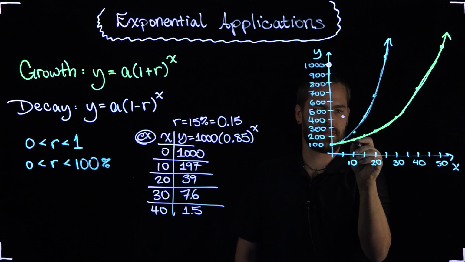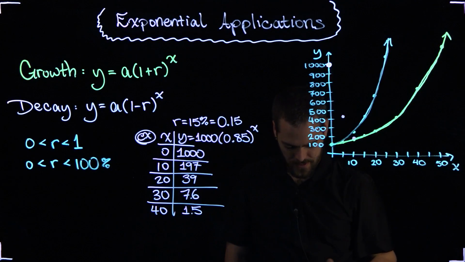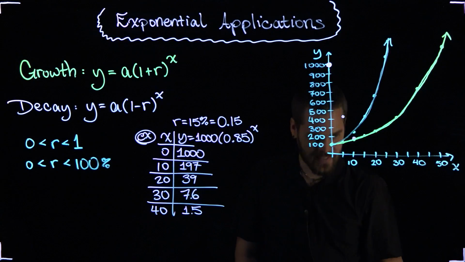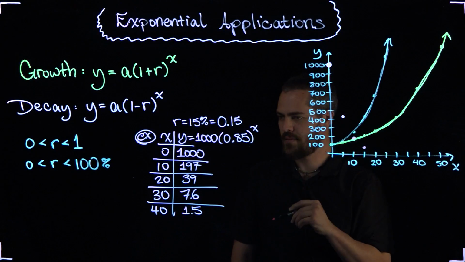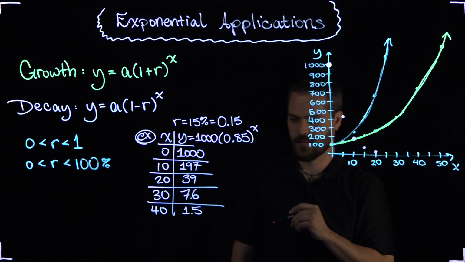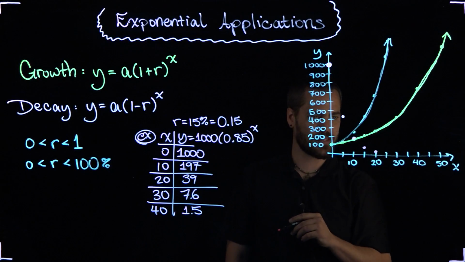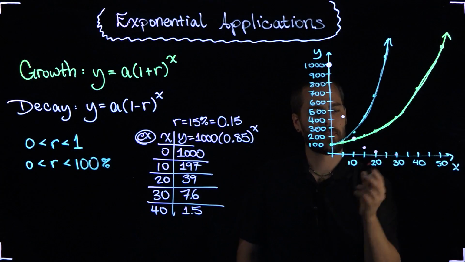That's pretty close to 200, maybe about right there. After, how about 15? We don't have a 15 there. We're at 87. Okay, so about here maybe? After 20, down to 39. Wow, that's getting low fast. 7.6. On my scale, that's hardly noticeable.